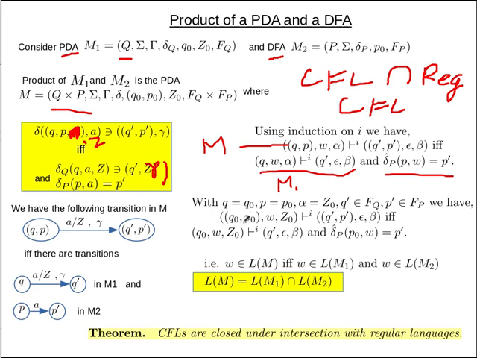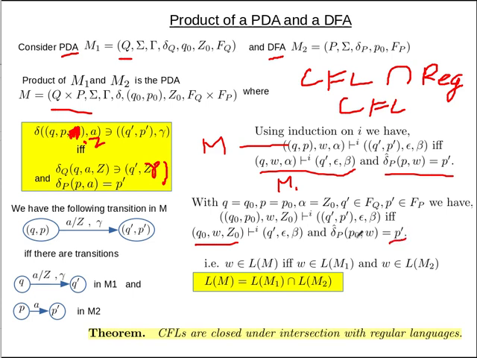So this happens if and only if separately this happens, that starting from q0 after processing w, and starting from this initial stack symbol, it goes to this q prime after exhausting all the inputs, and the stack goes to beta. And here, starting from this p0 after consuming this whole w, it goes to p prime, right?